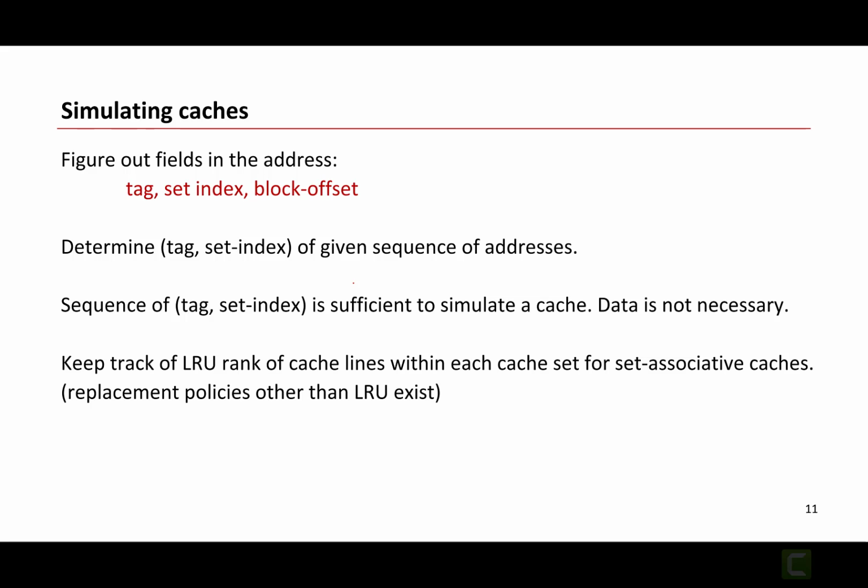Now, I talked a lot about simulating caches, and you may be asking yourself, what do I mean by simulating a cache? So a cache simulator, essentially what it does is, for a given cache configuration, for a given cache size, associativity, block size, etc., it abstractly models that cache. I'm representing that abstract model here. And then for a given address pattern, the cache simulator tells me which one is a hit, which one is a miss, and so on.